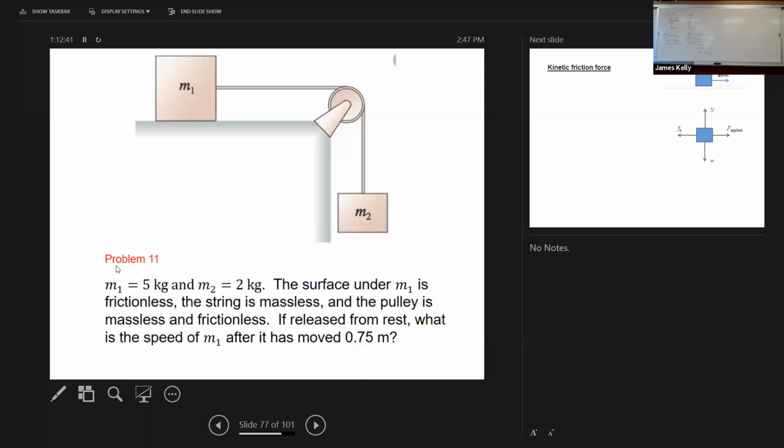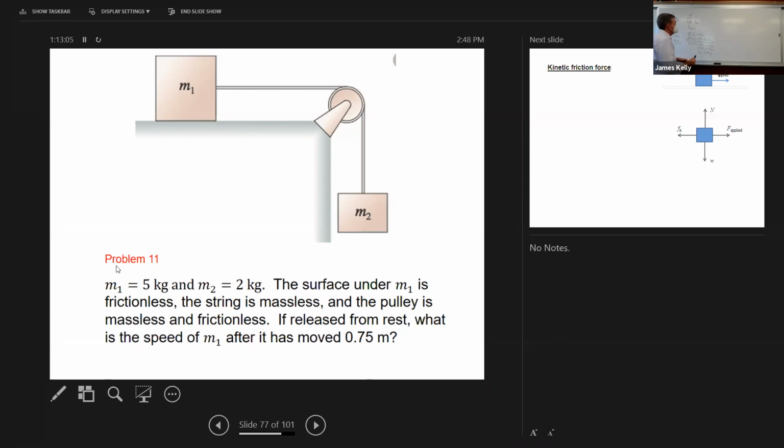What kinematics equation do we want to use if we want to know its speed after it's moved 0.75 meters? The x versus time, the vx versus time, or the one with the vx squared? The squared one, because it involves what I want to know and what I already know.